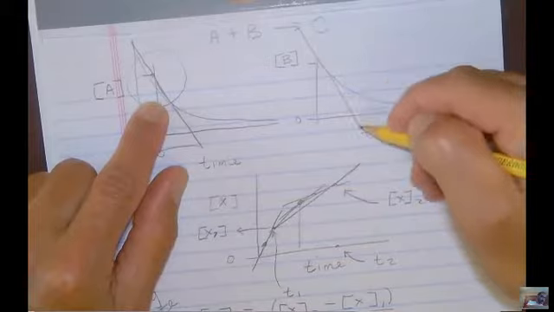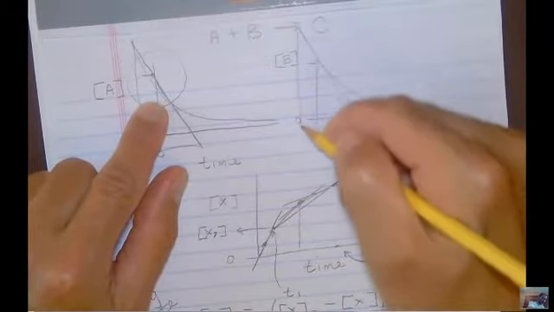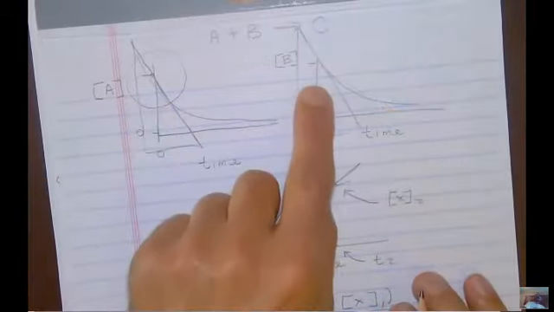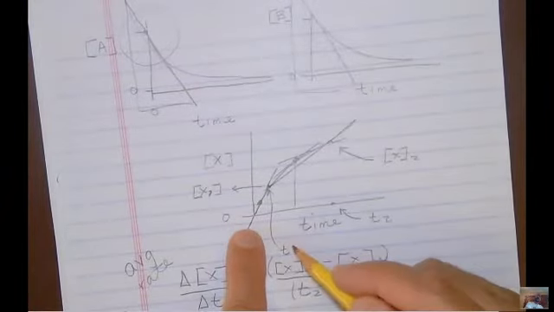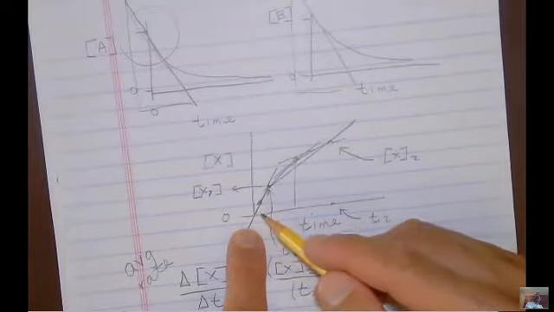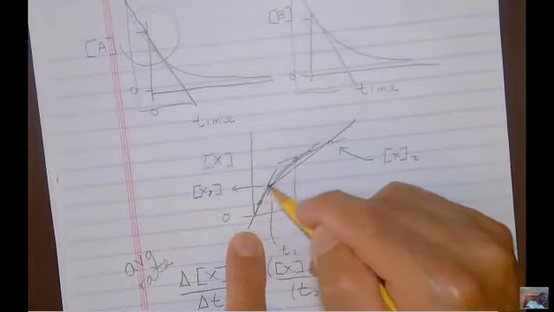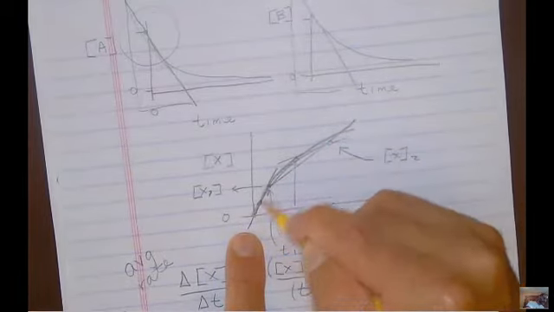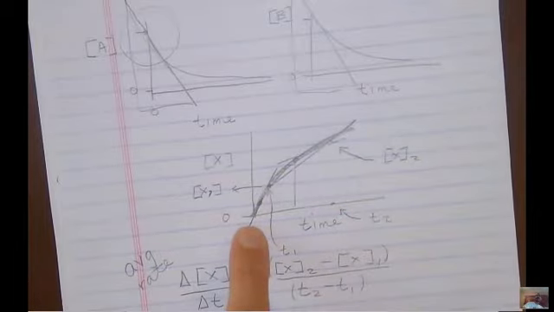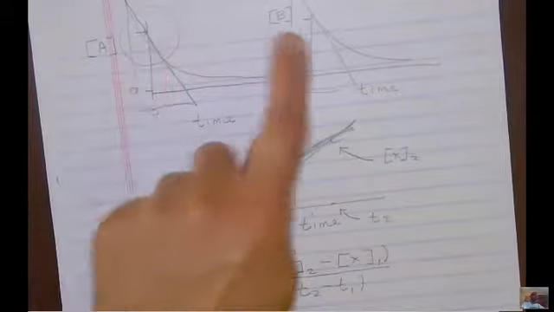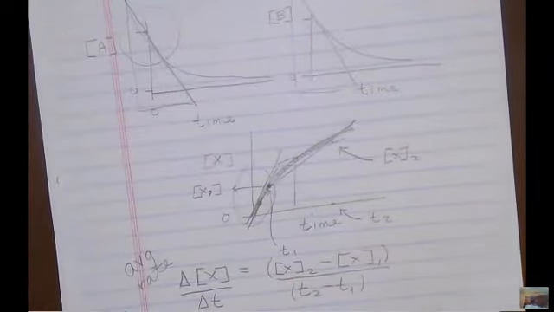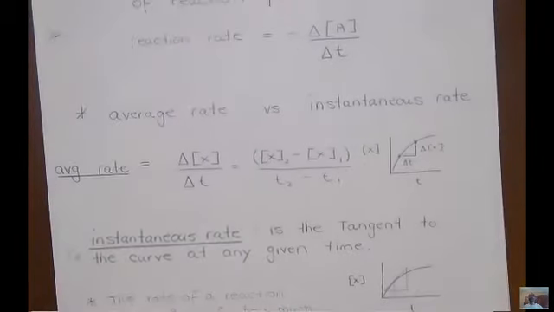Right out of the box in that first couple of seconds. Can't wait too long because here the concentration is changing. With C, can't see it anymore because I drew all over it, right? But C looked like this. So when do we want to measure it? Right in the beginning, those first couple of seconds. Those are going to give us the best results.